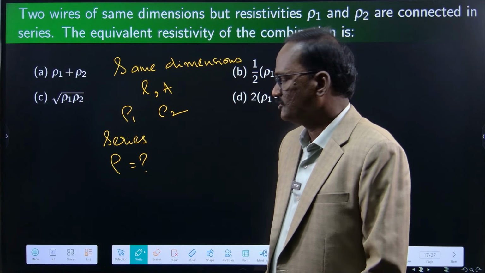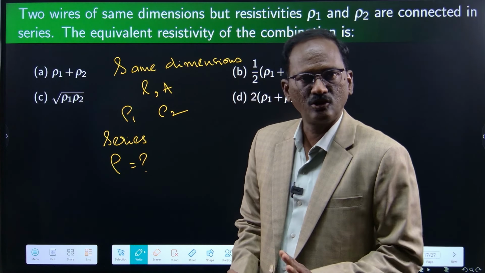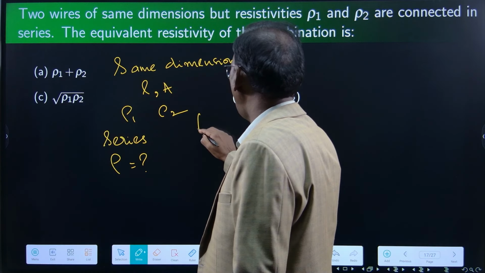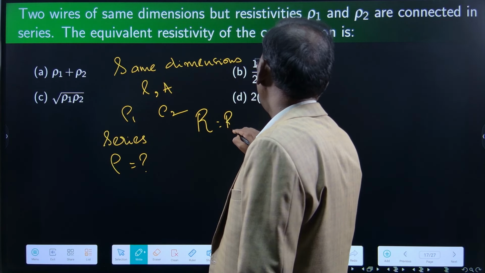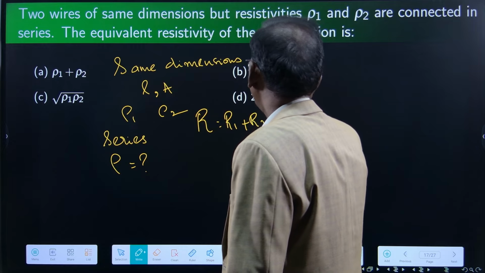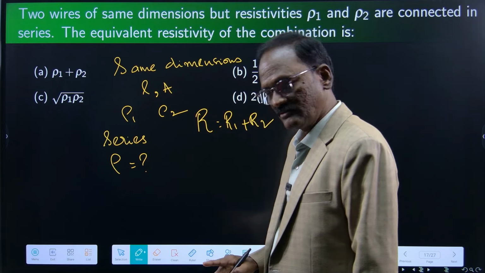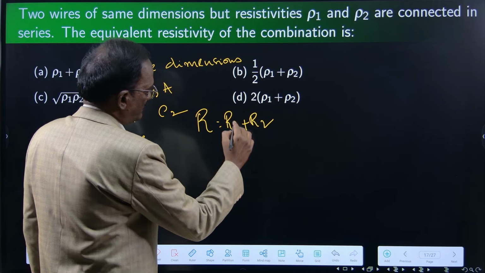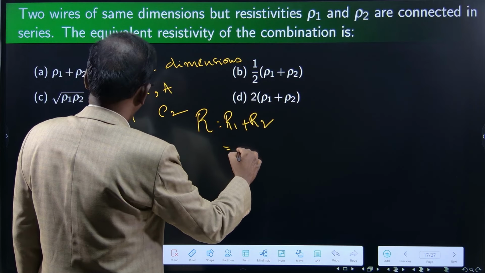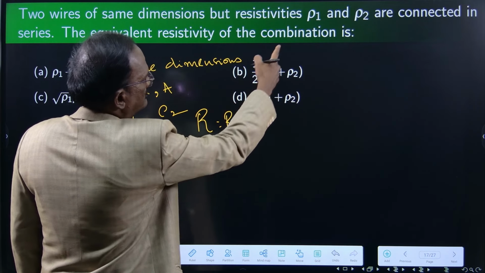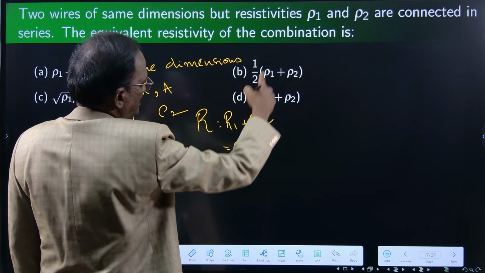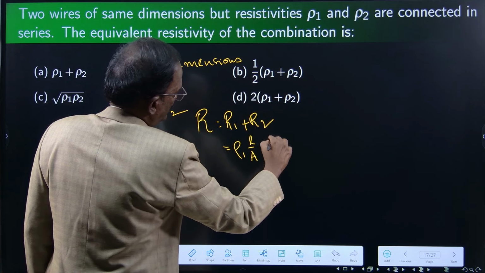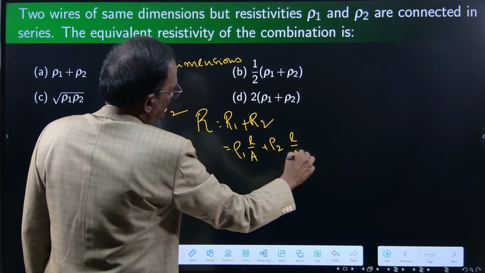As I told you, you should not start from rho is equal to rho 1 plus rho 2. That is wrong. We have to start from R is equal to R1 plus R2. From this formula only we have to start. R1 is equal to rho 1, different resistivity, same dimensions, so L by A is the same. Rho 2, L by A is the same.